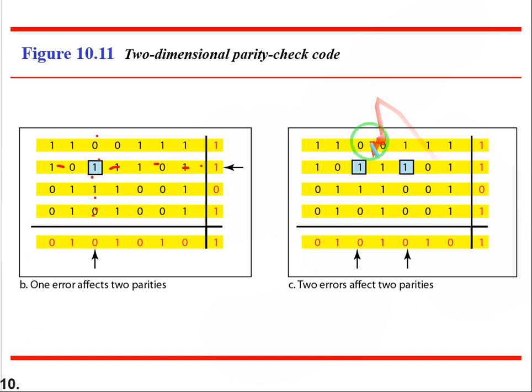But if you look at it this way, this 1 flips to 0. How many 1s do we have? 1. So this code word is corrupted now, and this is 1 and is also corrupted. So two code words are corrupted, and one is unused. So 1 error affects 2 parities, 2 errors affect 2 parities, it's the same.